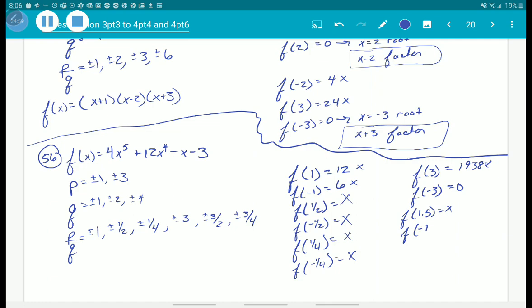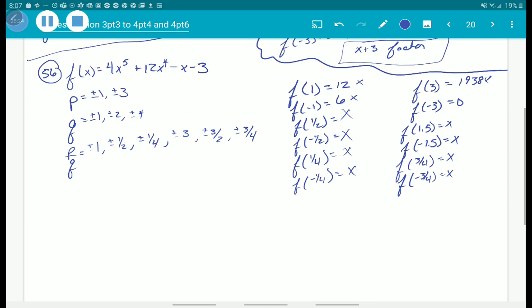Negative 3 halves or negative 1.5 doesn't work. And the other ones don't work. They all give me decimals. So it looks like the only starting point we have comes from here, where f of negative 3 is 0.